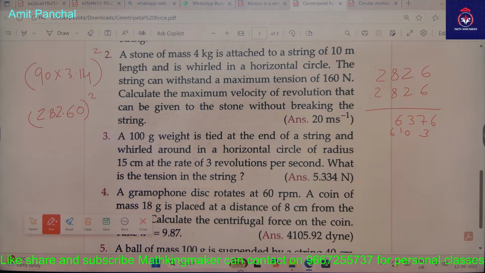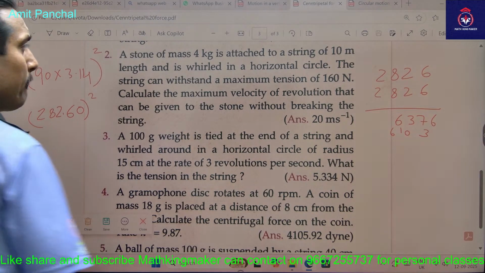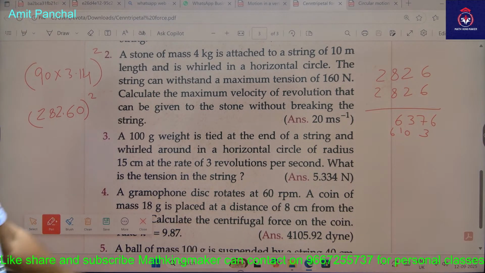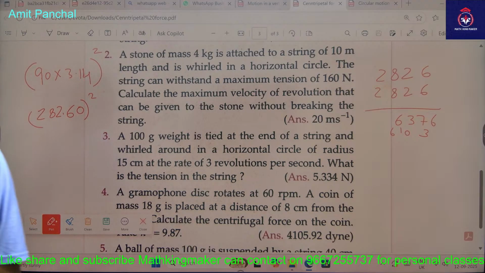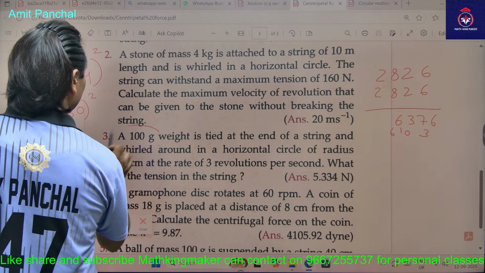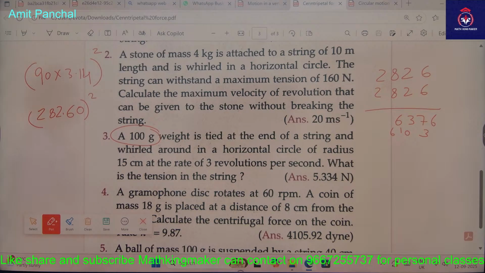So how do I know if my answer is correct? The answer is 5.344 Newton. But I need to multiply it first. It is 100 gram. Have you not converted into kilogram? Why do I convert to kilogram? Because the below is also in centimeter, right?